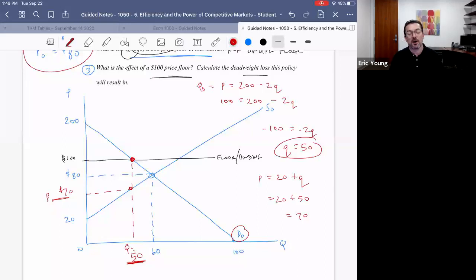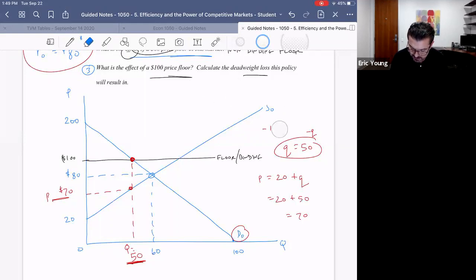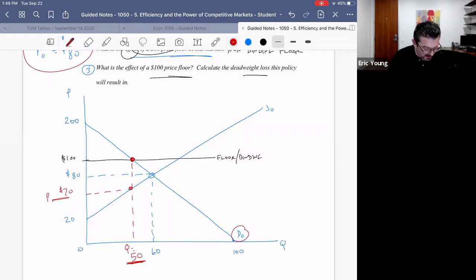And now that we have all these points together, now, my friends, we can calculate our dead weight loss. Let's get some space and let's do it. The dead weight loss, again, my friends, is simply this triangle here.